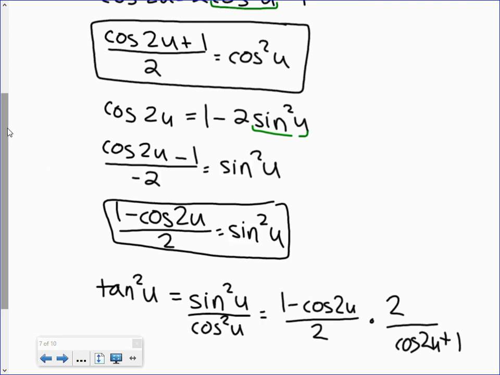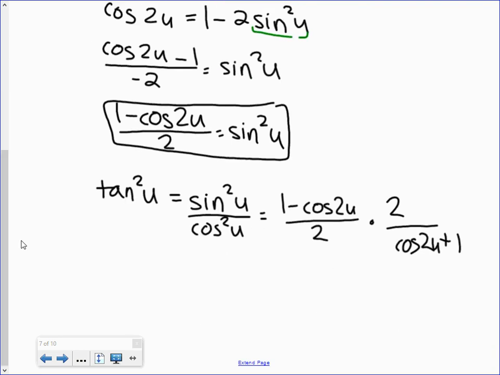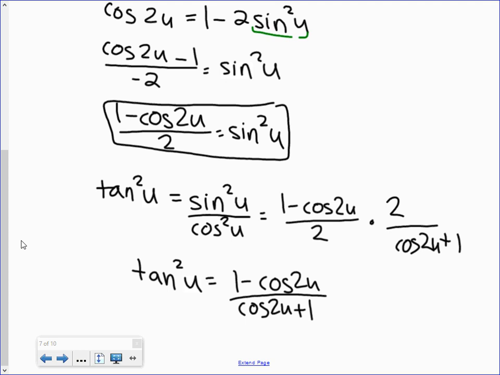The 2's will cancel. So then we can say our tangent squared power reducing formula is just 1 minus cosine 2u over cosine 2u plus 1. Now nothing in that's going to cancel because they don't really share a common factor. And so then that would be as good as it is.